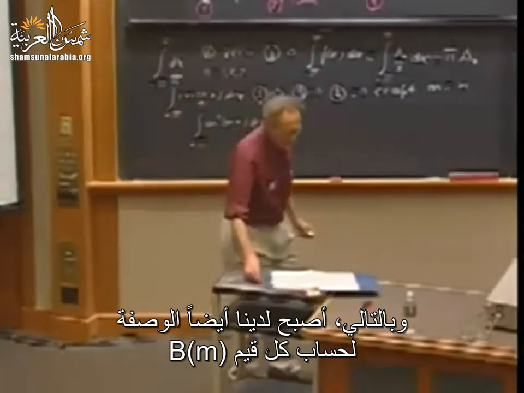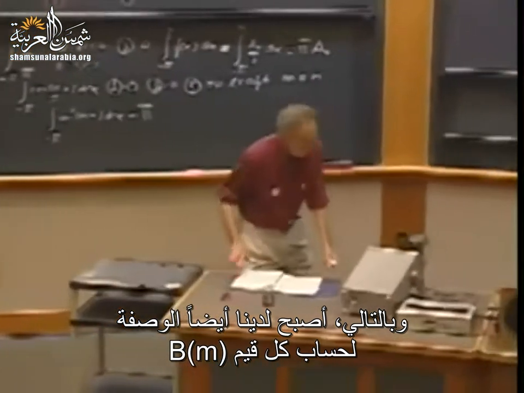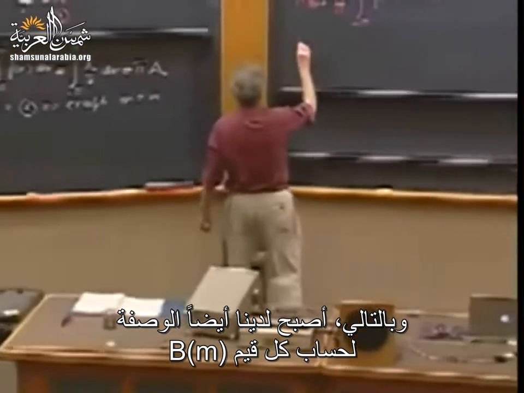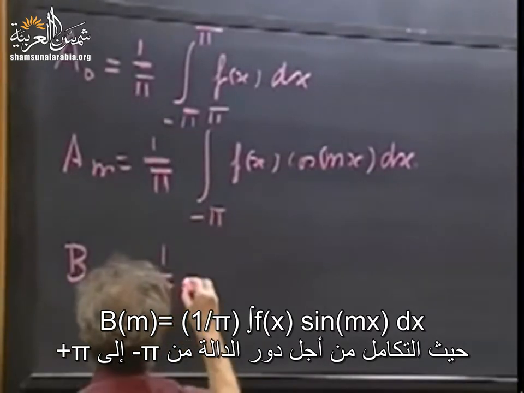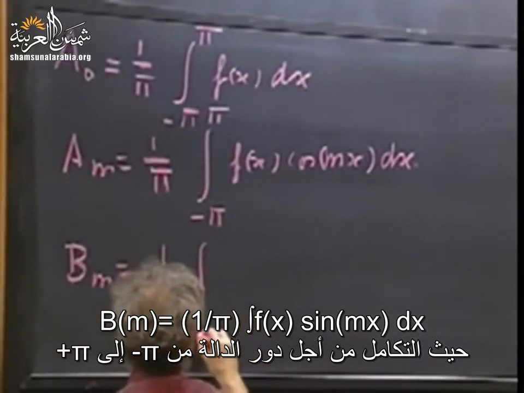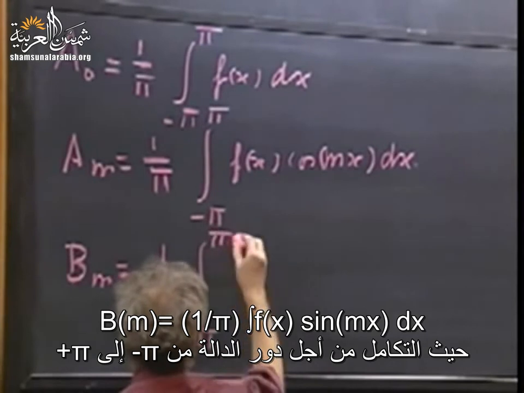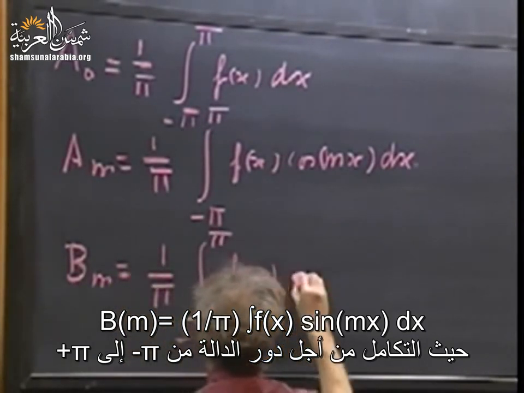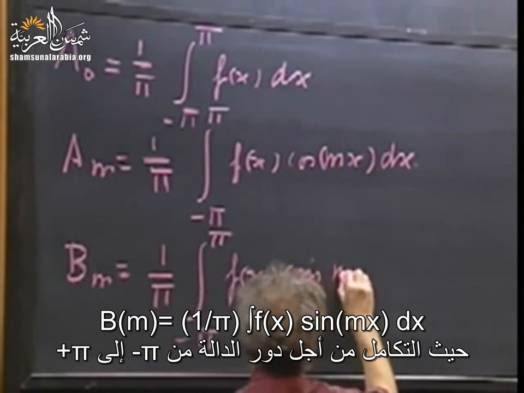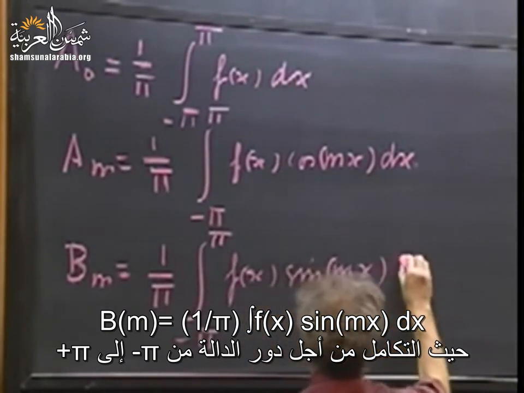And so you see now that we also have the recipe to find all the values for b of m. That's going to be 1 divided by pi times the integral from minus pi to plus pi, that is the period of the function, times f of x times the sine of m x dx.